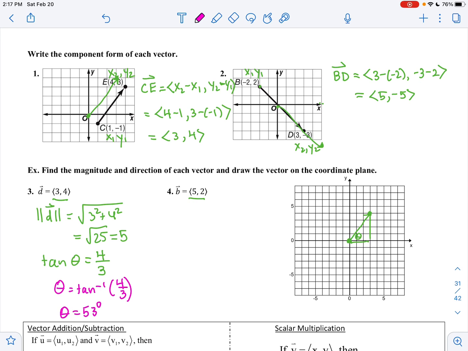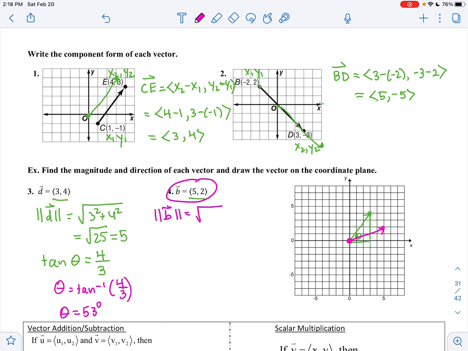Now in pink, I'm going to plot 5, 2. 5, 2 is the vector starting in component form, so the origin is the initial point. This is your terminal point. Find the magnitude of vector B. Use the proper notation.